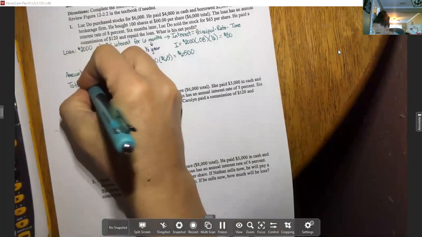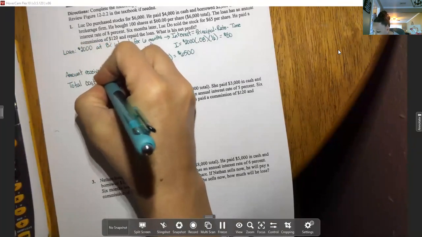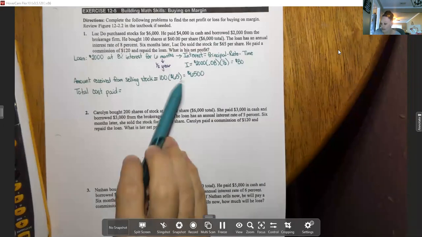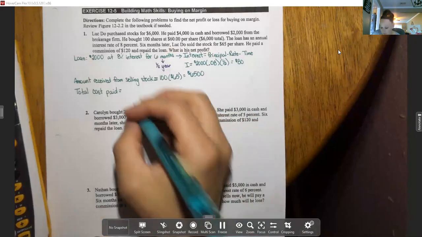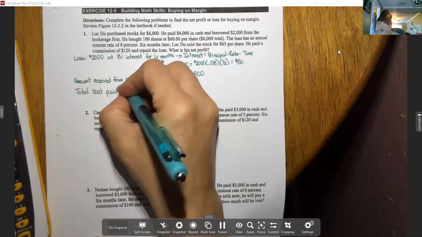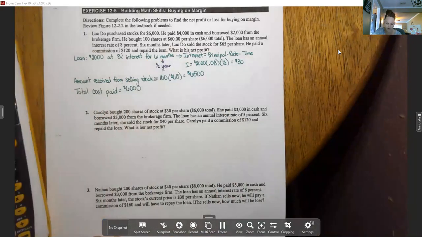But before we can figure out his profit, we need to figure out how much money he paid. How much did it cost him? So that's how much he gets, but he spent some money and he has some fees there. So the cost paid was the $6,000 that he spent up front.